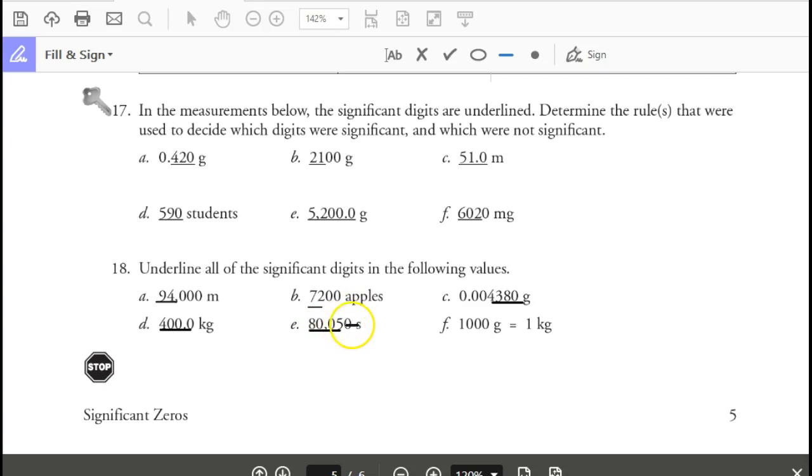This last 0 at the end is not because there's no decimal point. These 2 zeros are sandwiched between 2 significant figures, and that's why those are significant. For this one, there should only be one significant figure, which is the number 1, because the other 3 zeros were placeholders.